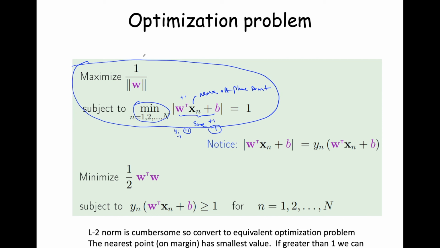So now, instead of a maximization problem, if we took the reciprocal of this magnitude of W, that would be the same as minimizing 1/2 W transpose W. Because if we set the gradient equal to 0, we get a leading 2 that goes away, and we're talking about W, right? So this maximization problem of 1 over the magnitude is the same as 1/2 W transpose W. So if we take the reciprocal for the objective, that's the same as minimizing the reciprocal. So maximization of one quantity is the same as minimizing the reciprocal.